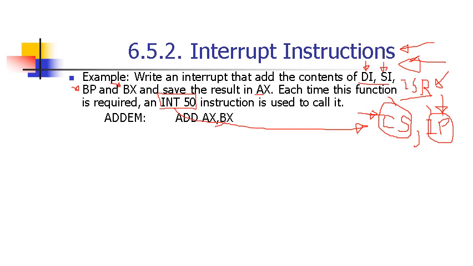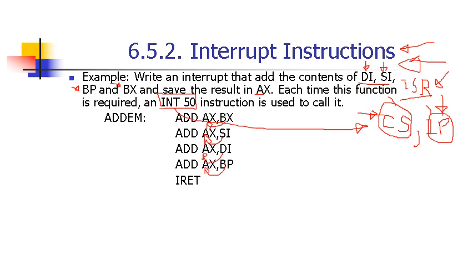Now BX is added to AX. SI is added to whatever value inside your AX. DI is added to your AX. BP is added to the value inside your AX.